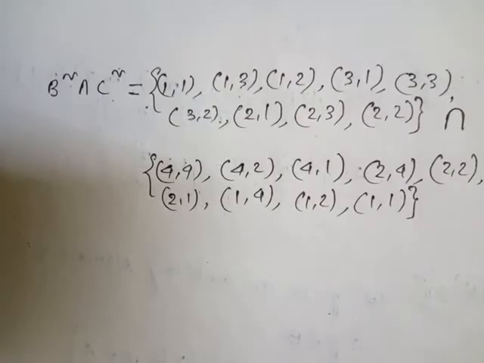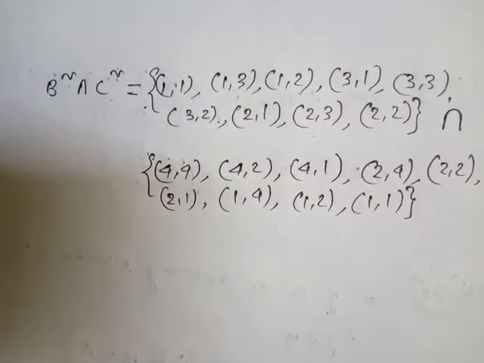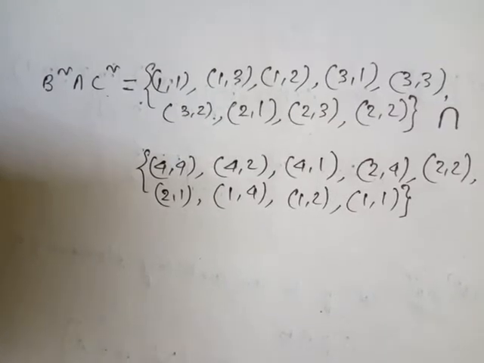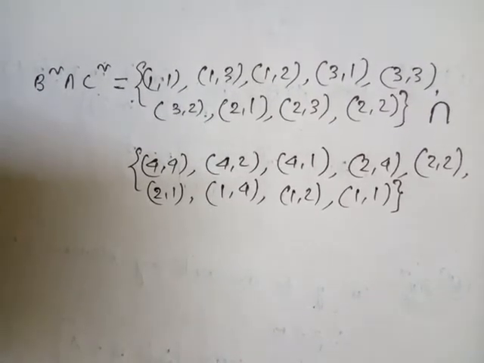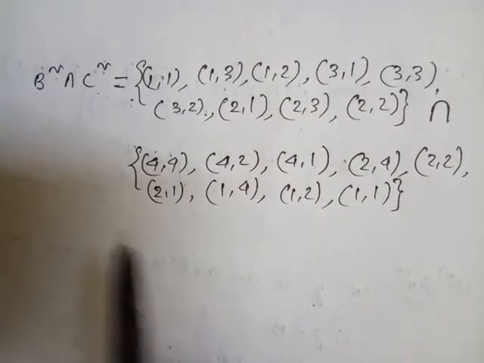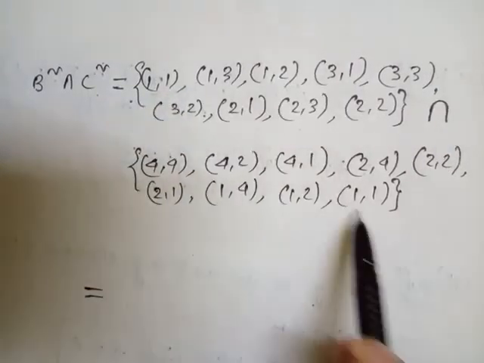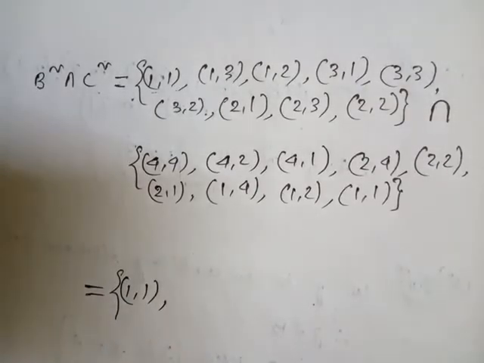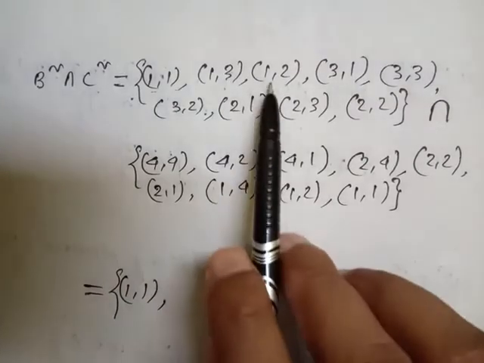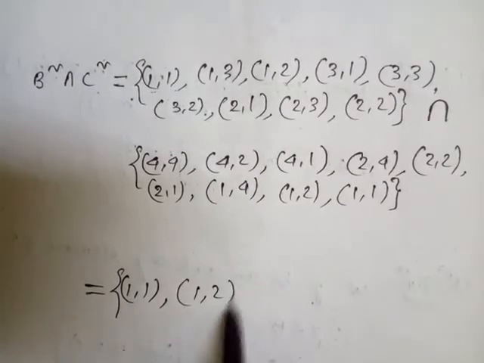Now we need to find out the intersection. We know that the method of intersection is, we will take the elements which are common in both the sets. Now students, let's have a look which are the common parts here. 1 comma 1 is common, so 1 comma 1. Next is 1 comma 2, which is common, so 1 comma 2.